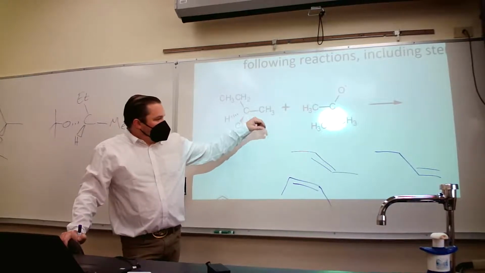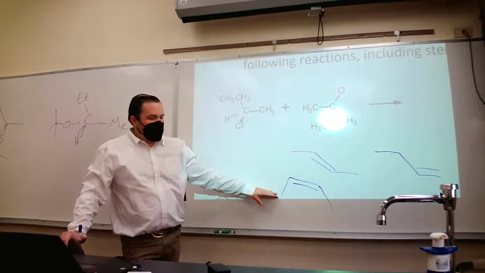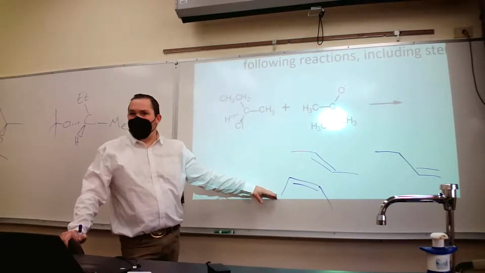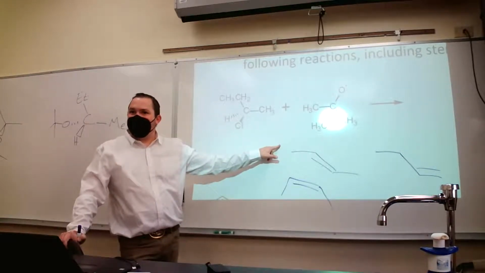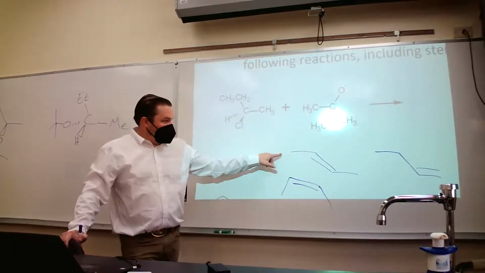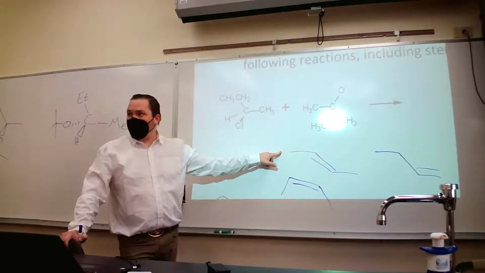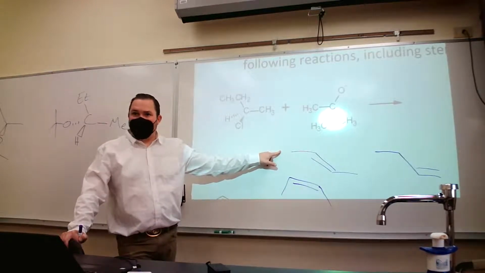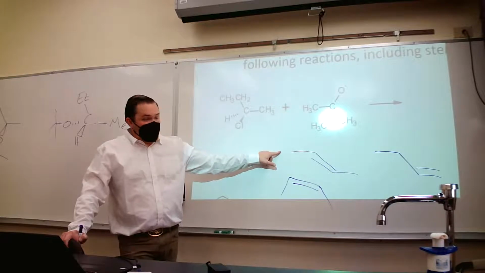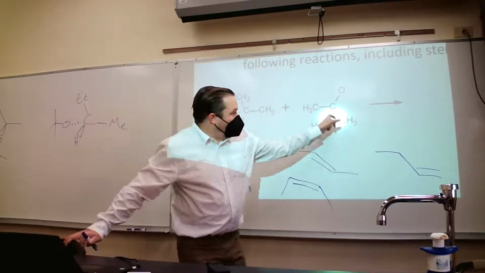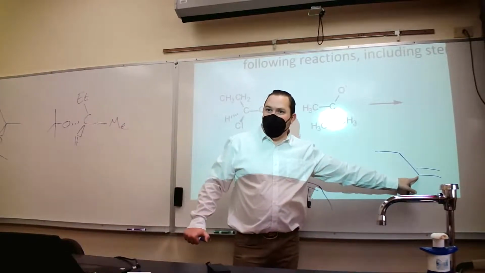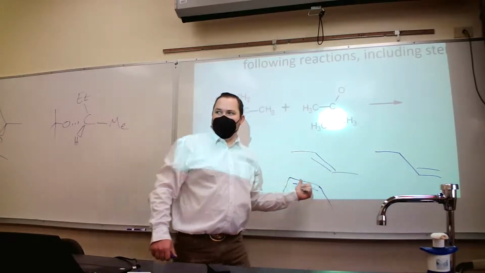And out of these two, we can pick which one's going to be favored because this one has minimized the steric repulsion. So out of these two, it would be the trans, the E configuration. But because it's a big bulky base, it makes the Hofmann product, not the more substituted product.